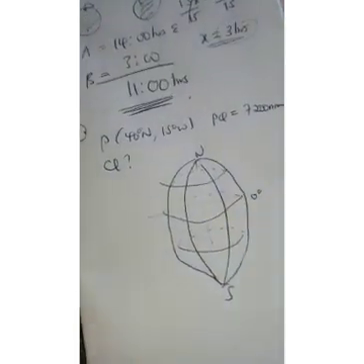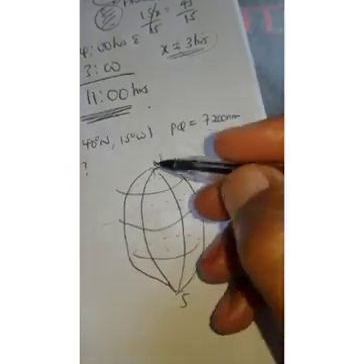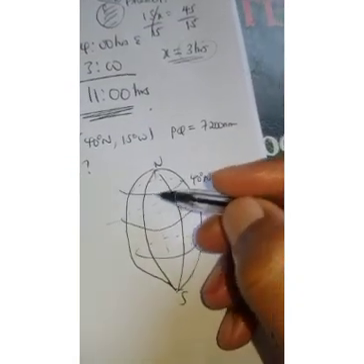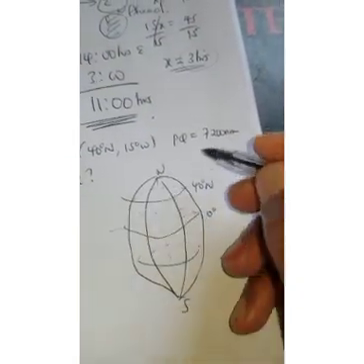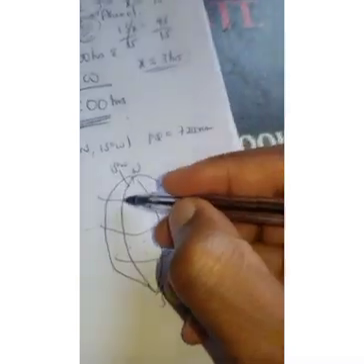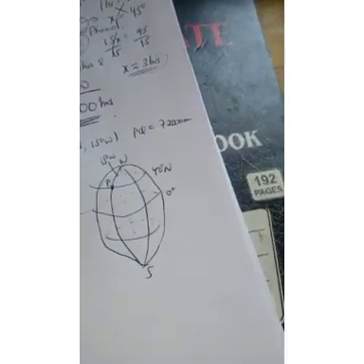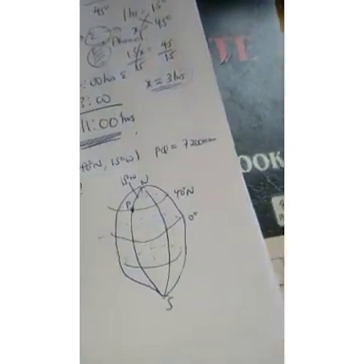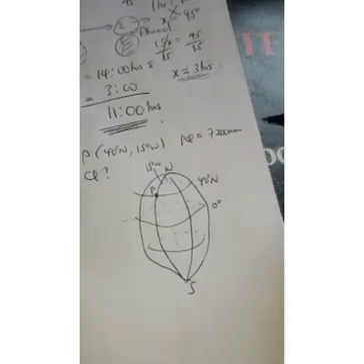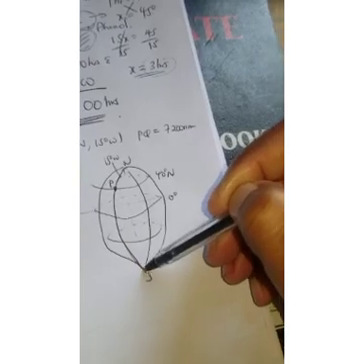Point P is located at 40 degrees north and 15 degrees west. So this is the 15 degrees west, so it should be somewhere here. And then the other point Q is also on the same longitude, so we know it is somewhere along this line.